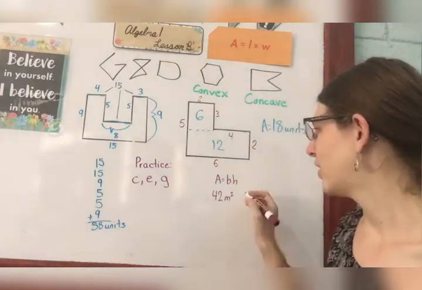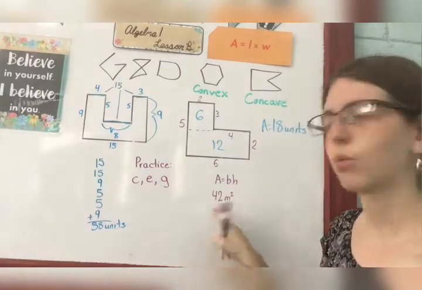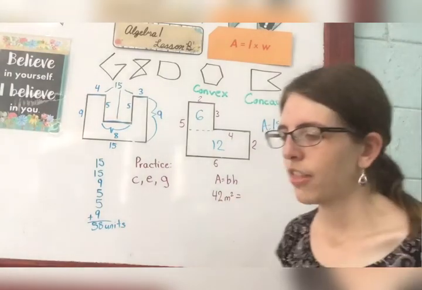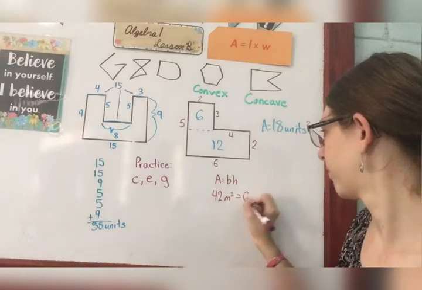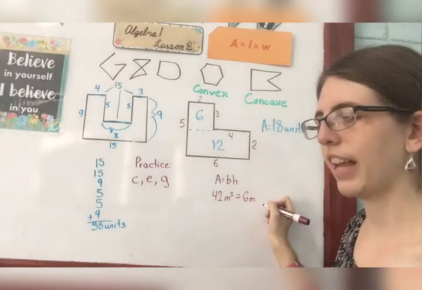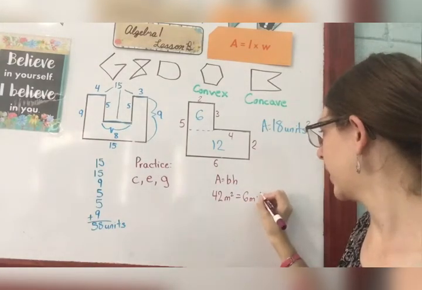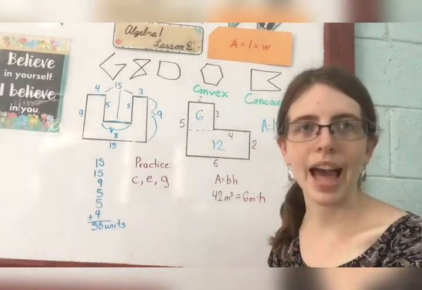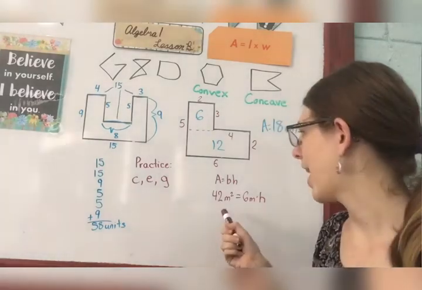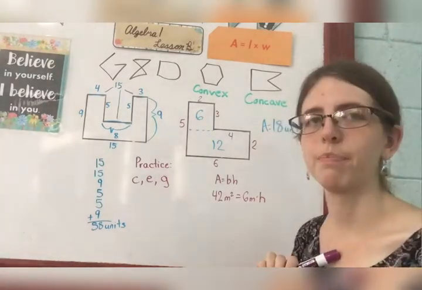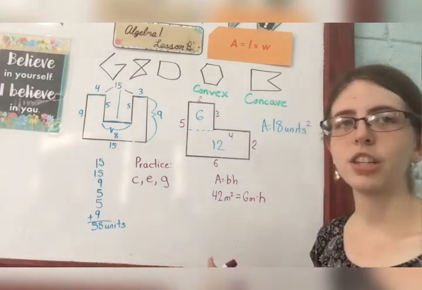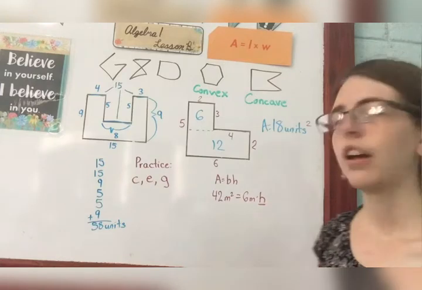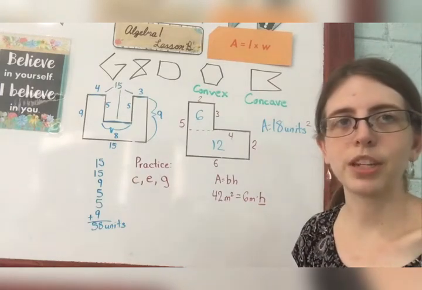Okay, so I know my area is 42 square meters. The rest of my problem says the length of one side is 6 meters. What's the length of the other? So I'm looking for my height. So I know that my area is 42. I know one side is 6. I'm looking for the height. So I'm just solving for the h. So it just becomes an equation.